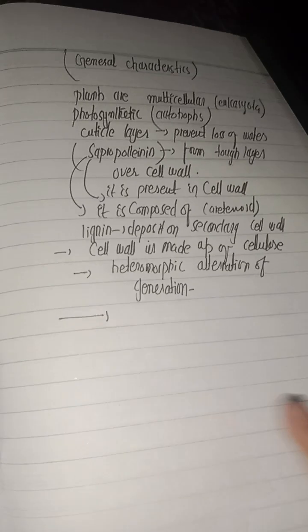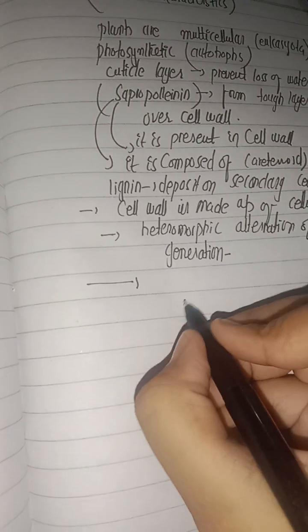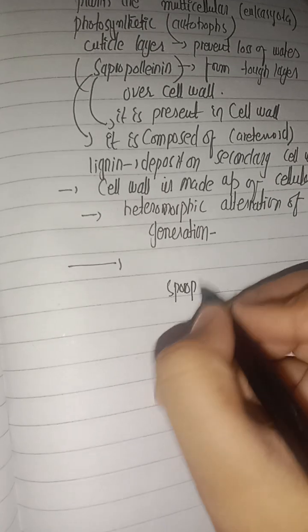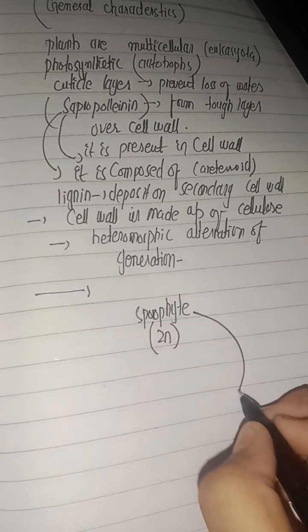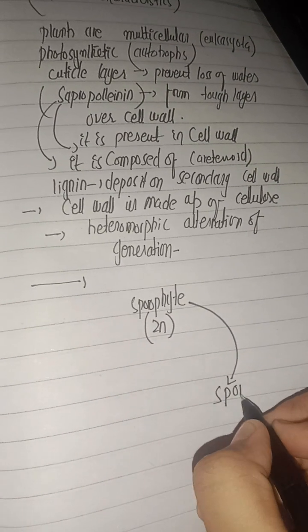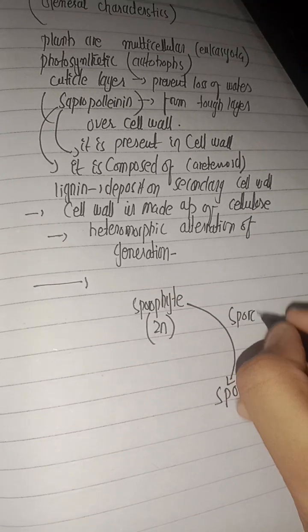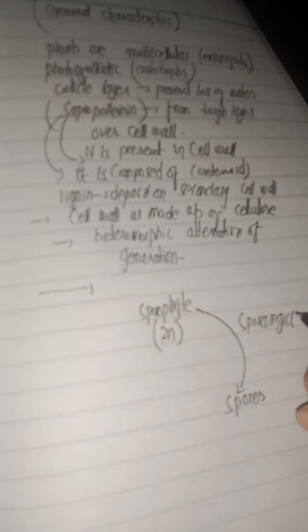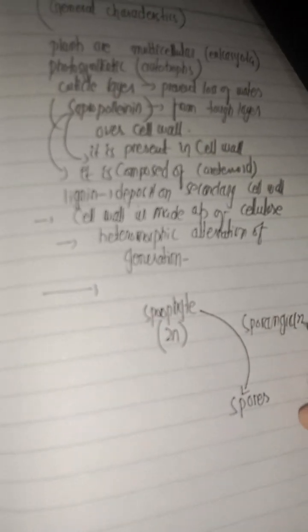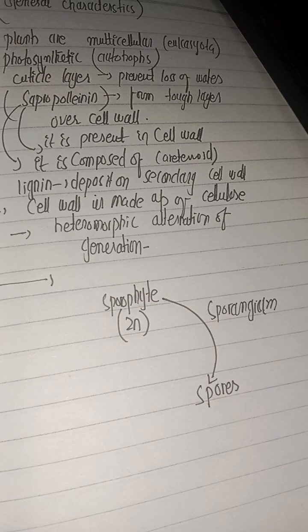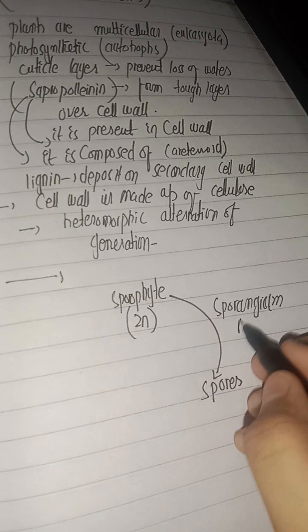For example, there is the sporophyte body, which is 2n, meaning it is diploid. It makes spores by sporangium, with the help of meiosis.